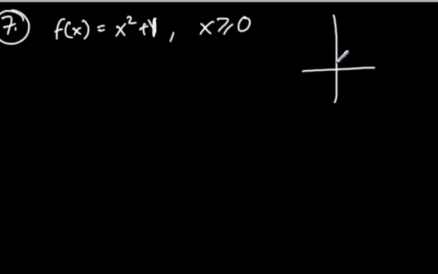So this would be my normal parabola, but it's shifted up by 1. So it's basically going to go like this, right? But I have this restriction: x has to be greater than or equal to 0, just so it's to the right. So I have to erase this part, right? And that's what my function really looks like.